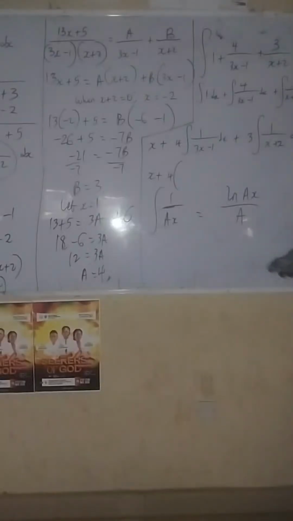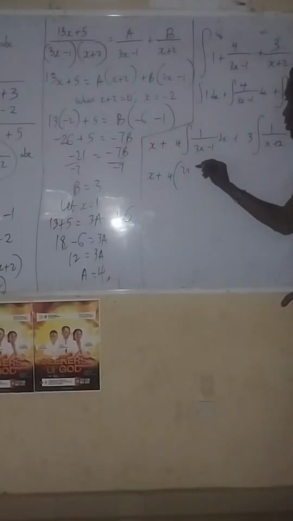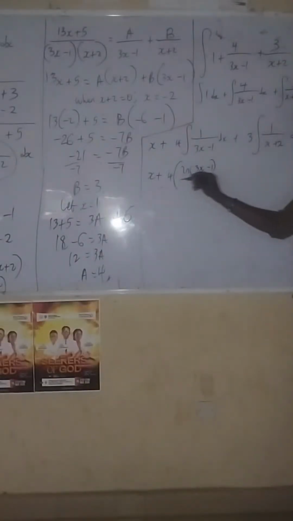How do they come up with this? What's the derivative of 3x minus 1? The derivative of 3x minus 1 is 3, right? So that 3 will divide the ln of the denominator. You know that the integral of 1 over x is ln x. So that's the derivative of this one, we now divide the ln. So this one gives us ln 3x minus 1 all over 3 plus 3 into.